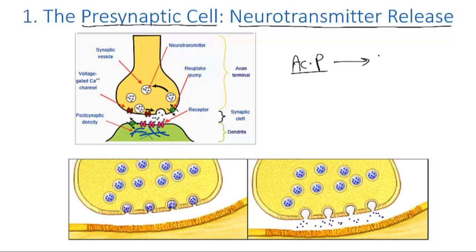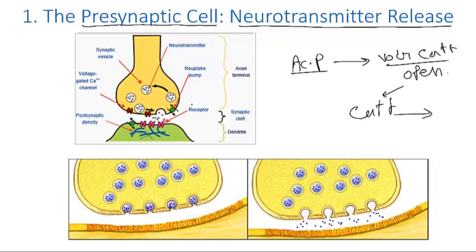Due to this opening of calcium channels, there is a calcium inflow into the presynaptic cell. That will cause all those vesicles filled with neurotransmitter to fuse to the membrane. Now, each vesicle releases a fixed amount of neurotransmitters into the synaptic cleft.